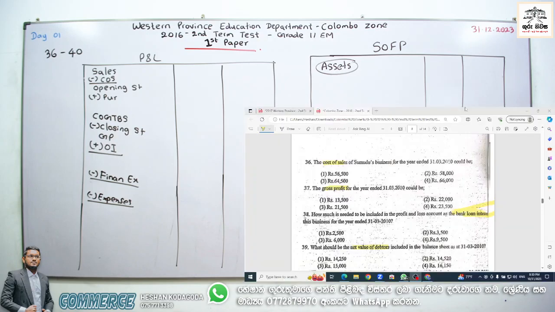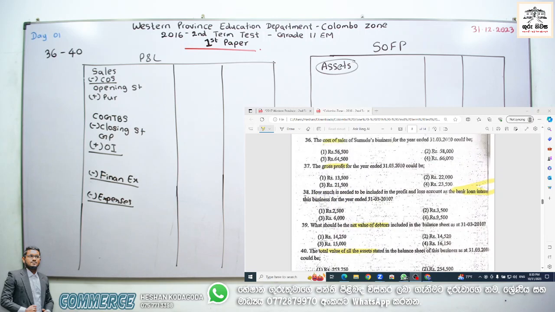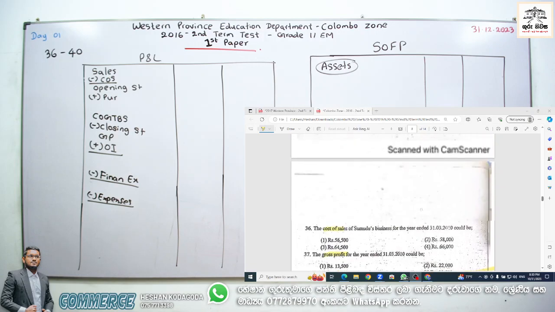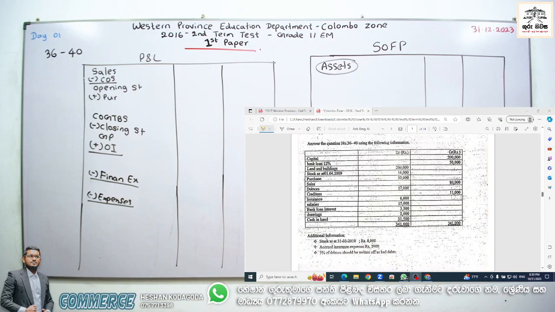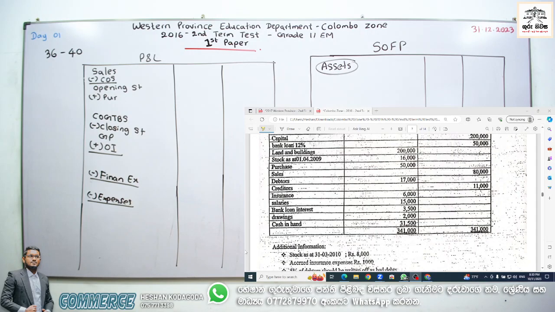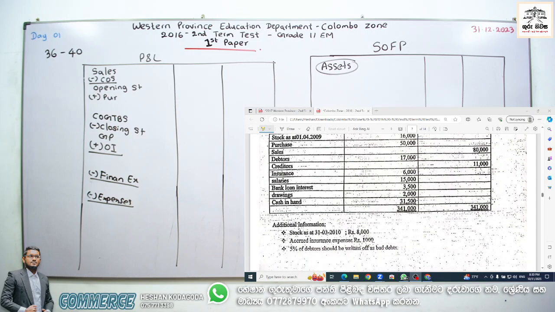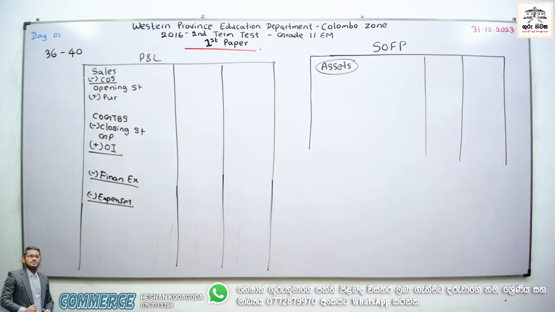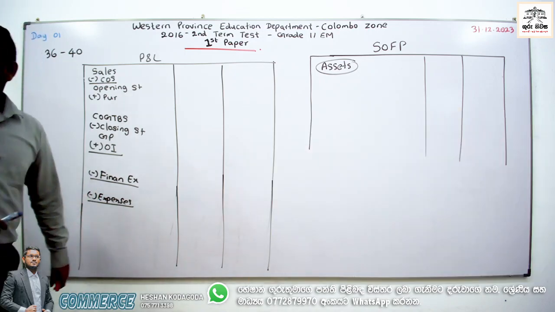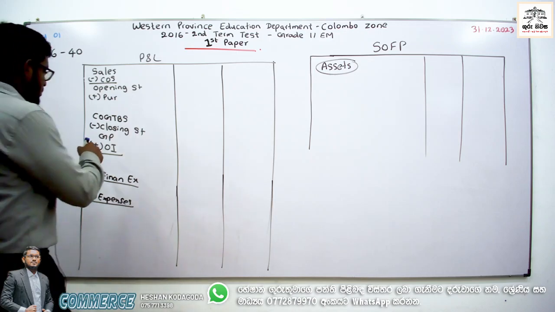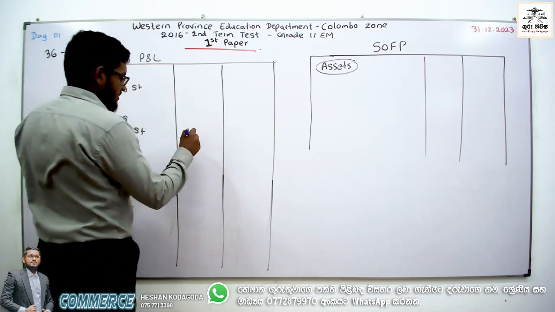We are going to do this one. As I told you, first of all, we need to find the requirements. Then we need to customize our structures. Now we already identified these requirements. Let's start from the additional information. Stock as at 31st March 2010 was rupees 8,000. Closing stock we need to record here: rupees 8,000.